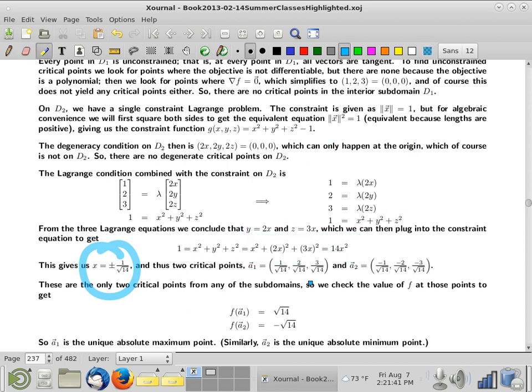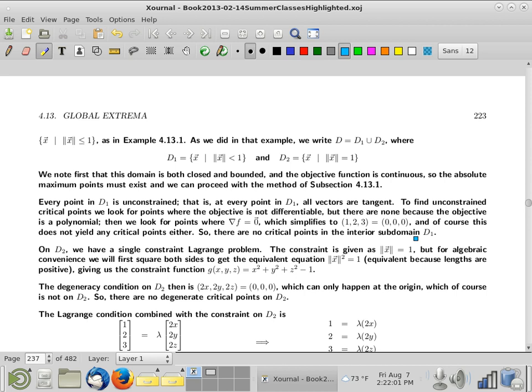Once you know x, then this tells you y, and this tells you z, and so these two values of x give you 2 critical points. Okay, so altogether then, we found a grand total of 2 critical points.